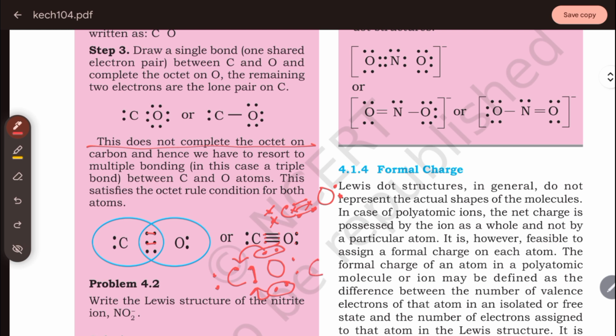So after sharing, you get a triple bond like this, और कार्बन का लोन पेयर रह गया एक यहाँ पे और ऑक्सीजन का लोन पेयर रह गया एक यहाँ पे. This is how CO is getting formed. Okay, so you may have doubt over here how it is getting formed. It is formed in this manner.